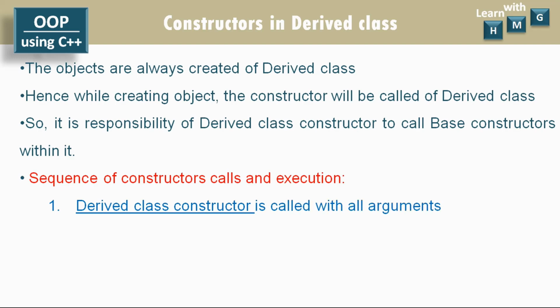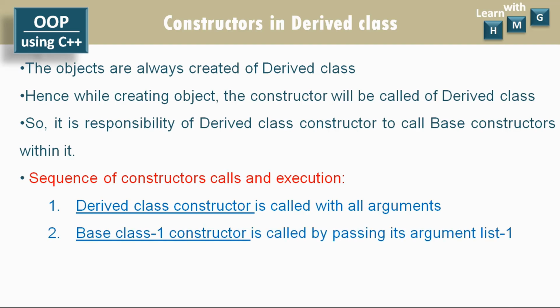First of all, the derived class constructor is called with all arguments. These all arguments indicate the arguments of the base class, the arguments of the intermediate base class, or whatever base classes there are, plus the arguments of the derived class itself. Out of these all arguments, there will be a distribution.